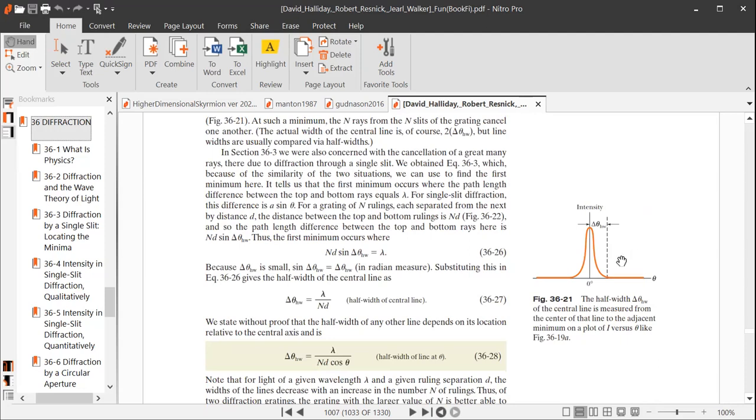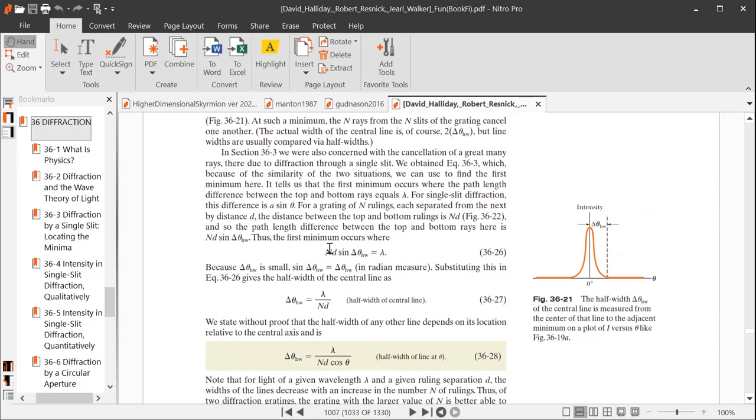We call it delta theta HW, where HW is the half width of this central line. The first minimum occurs at N d sin delta theta HW equals lambda.